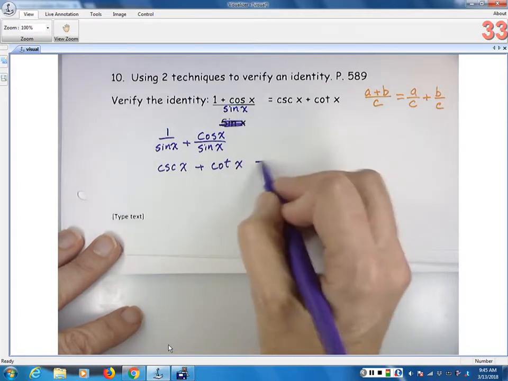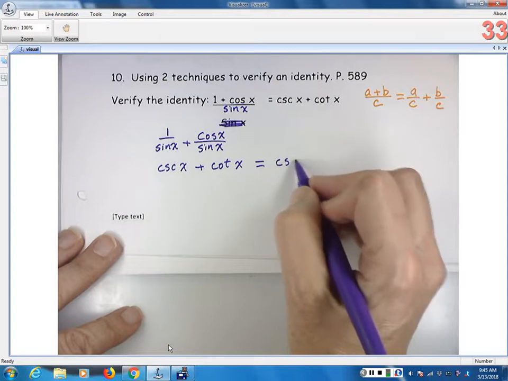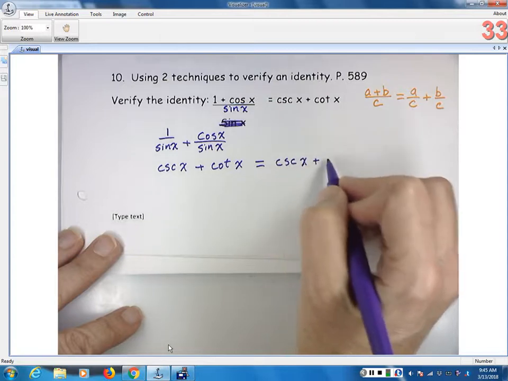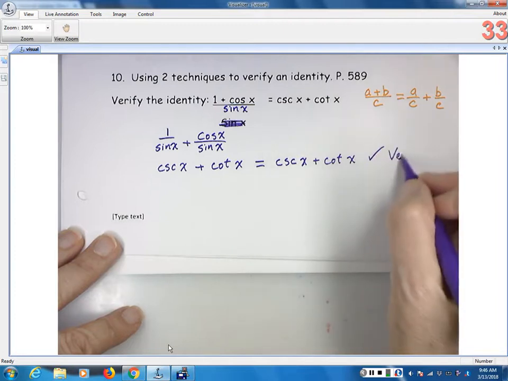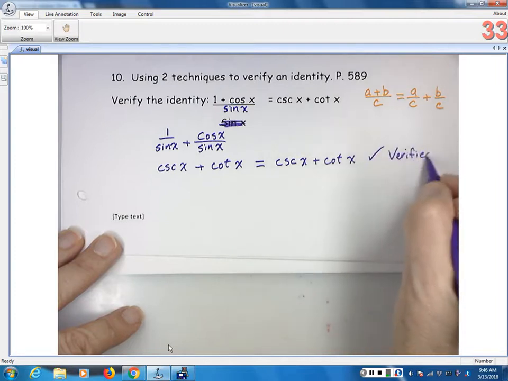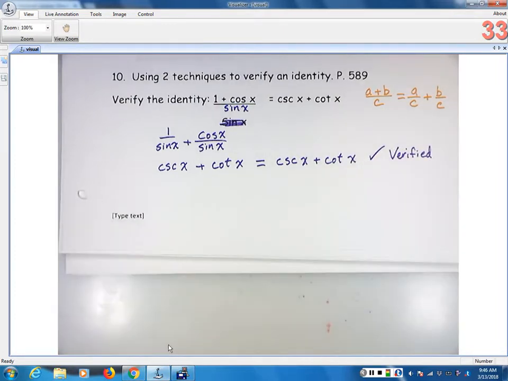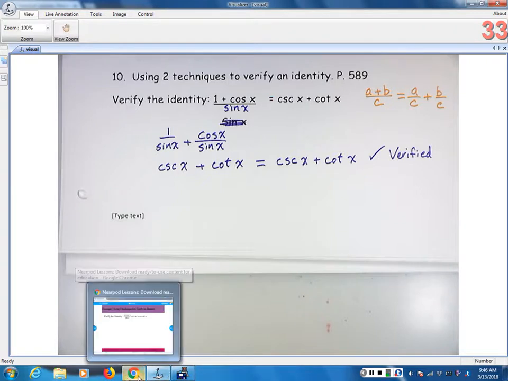And so that equals the right side. Verified. Okay. Is this making sense?